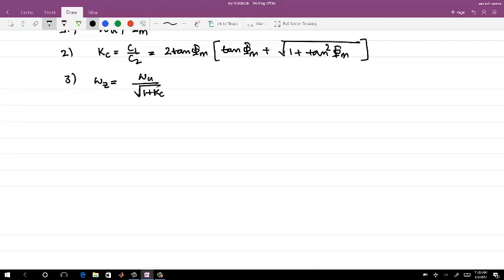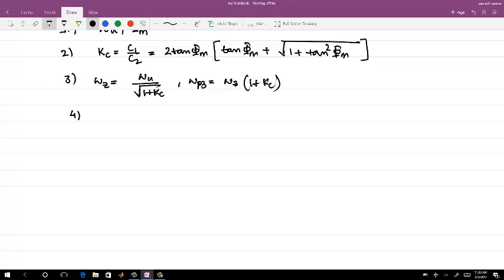Then from here you can find omega z and omega p3, which is easy: omega p3 is nothing but omega z into 1 plus Kc.